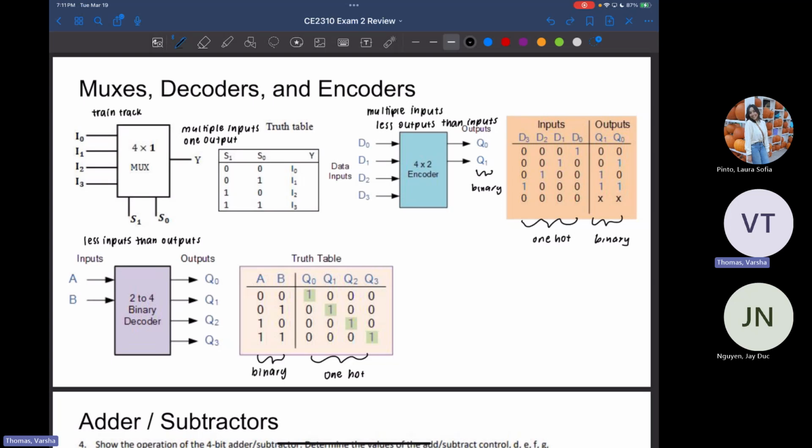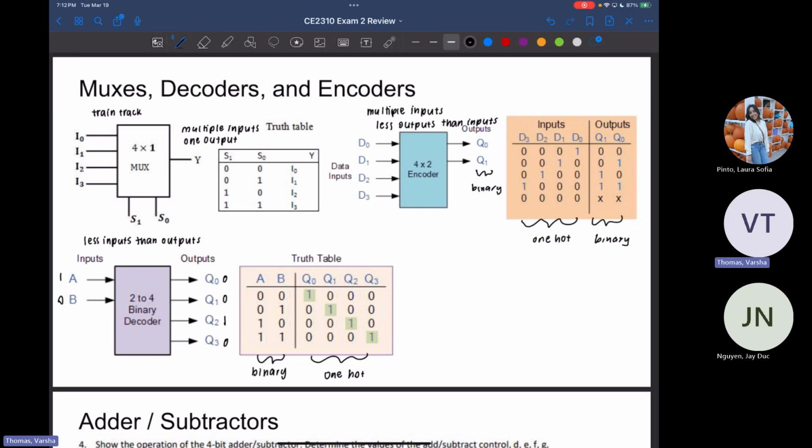So you'll never have a case where multiple outputs are on, so this would be invalid in this situation. It's always 1 hot. And doing a small example using the actual gate itself, let's say we had input 1, 0. 1, 0 is 2 in decimal, so that means Q2 would turn on and all the rest are off.